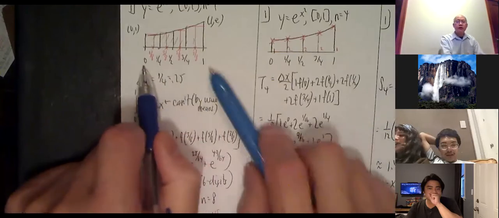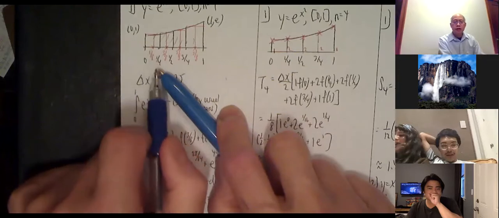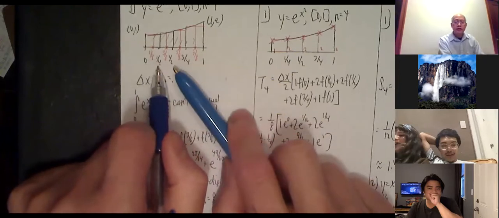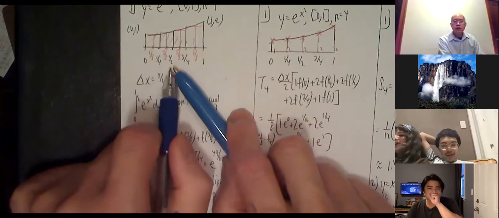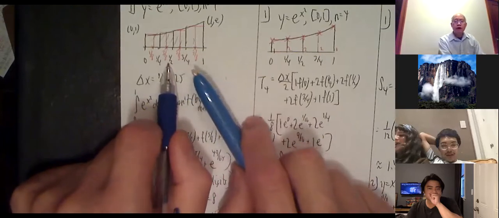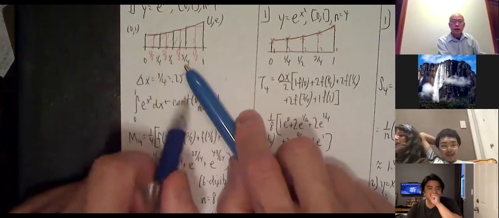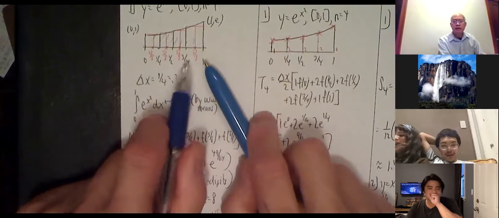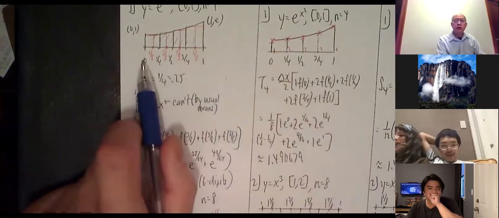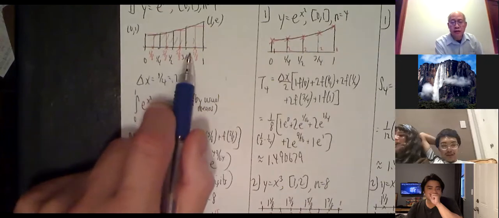So what's halfway between 0 and 2 8ths? 1 8th. What's halfway between 2 8ths and 4 8ths? 3 8ths. Between 4 8ths and 6 8ths? 5 8ths. And between 6 8ths and 8 8ths? 7 8ths. So the midpoints are 1/8, 3/8, 5/8, 7/8.